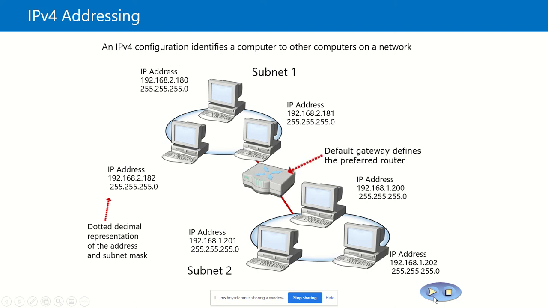Now for communication to work between those two subnets, you have to introduce the default gateway. Do you get that right now? So the default gateway is the one that can now point one computer in a subnet to a different computer in another subnet.